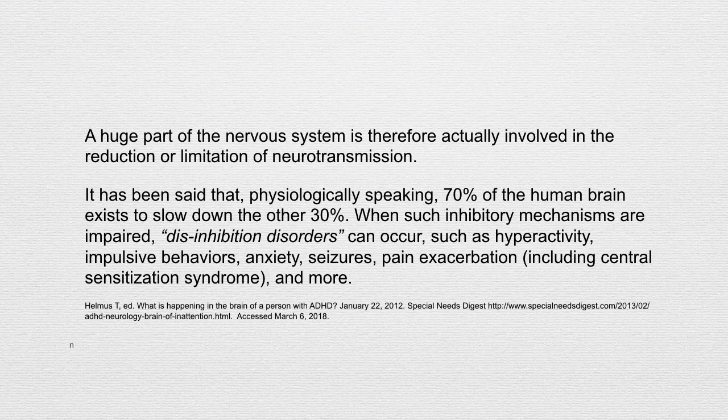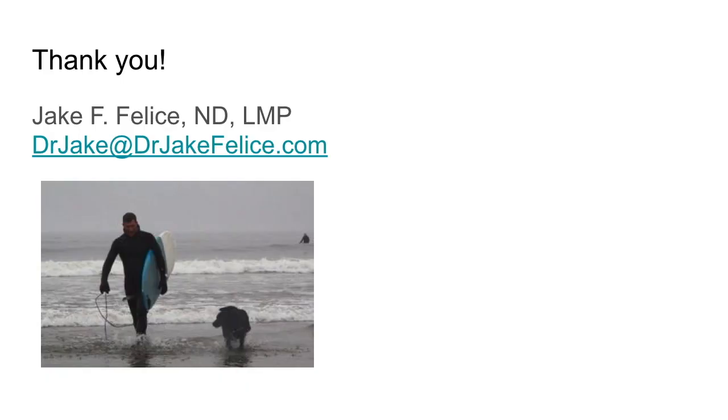So the braking mechanisms of this neurotransmission are very important. And the only real mechanism that we are aware of now that allows this to take place through retrograde transmission is the endocannabinoid system. This can help in what we call disinhibition disorders, such as hyperactivity, impulse behaviors, anxiety. These are things where there's overactivity, right? Seizures is an overactivity, pain exacerbation, and many more.